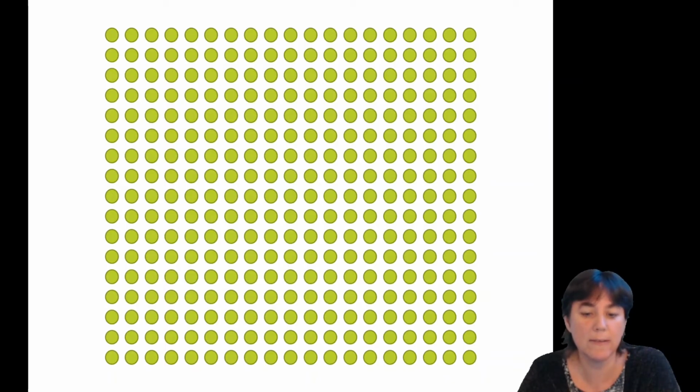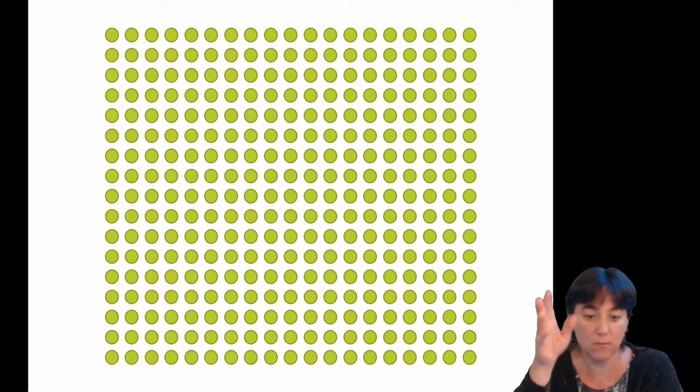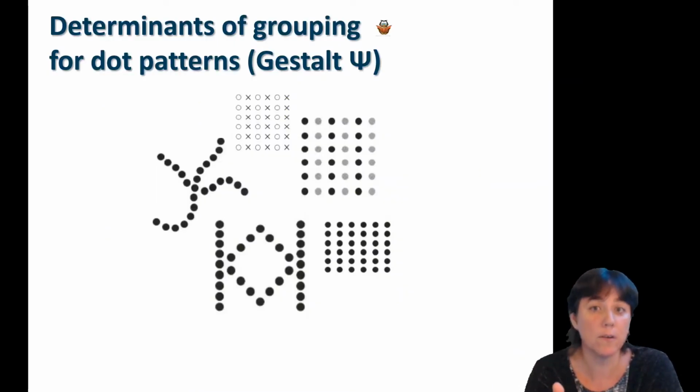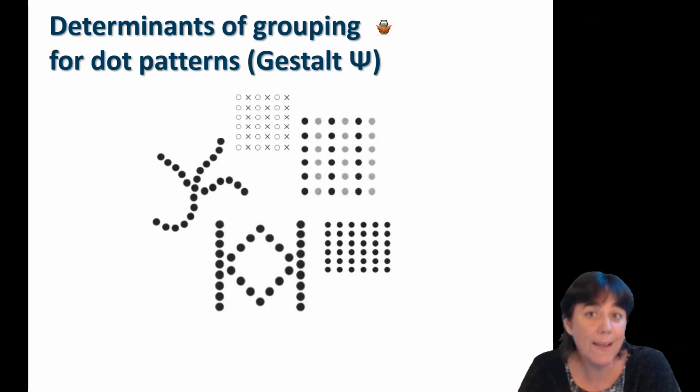And what do you see? Well, hopefully you see nothing, okay? This was a trick question. But if the dots are assembled in certain ways, so if they're not totally equal distances and so on, if there's some order to how they're assembled, then you recognize them as patterns.